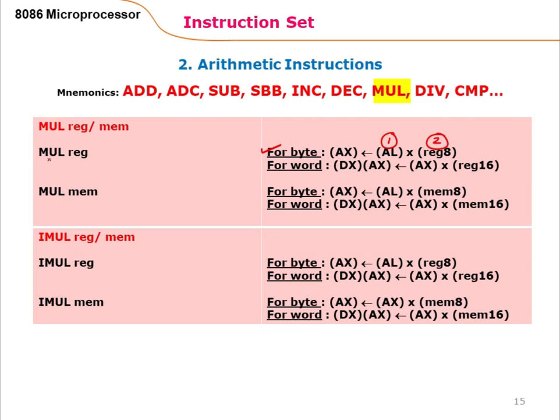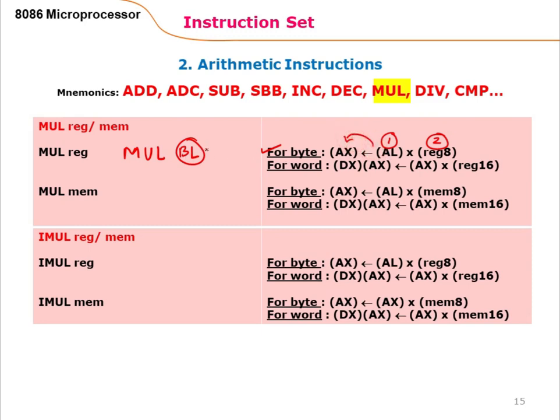So we can write like this: MUL BL. So the content of BL is multiplied with AL. The result will be 16-bit and it is stored in the AX.